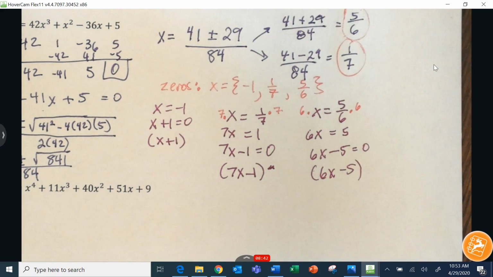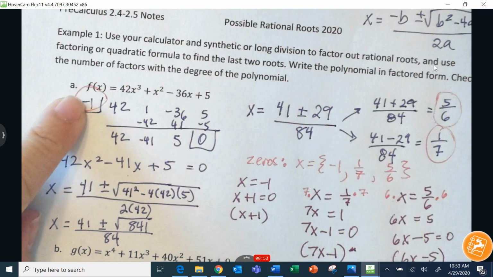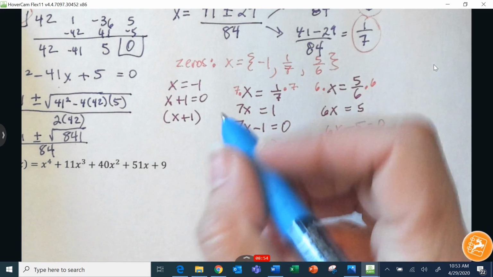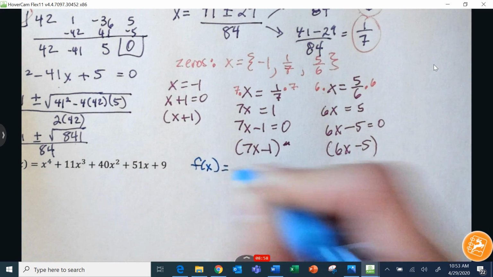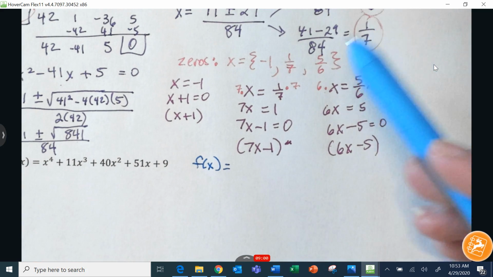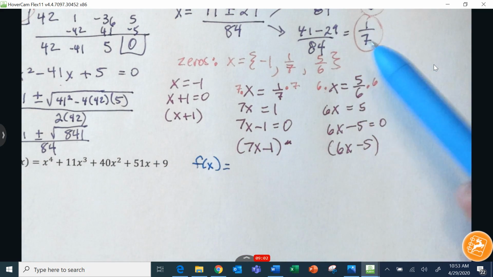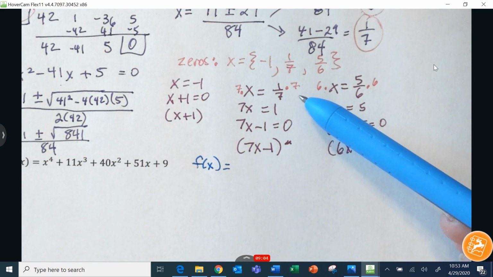So this says to write it in factored form. Of course, I didn't leave myself a ton of space to do this. But to write it in factored form, this is originally f of x, so I'm going to go ahead and write f of x. And I am suggesting you just start doing this from now on.